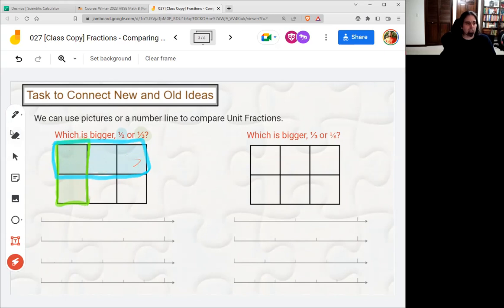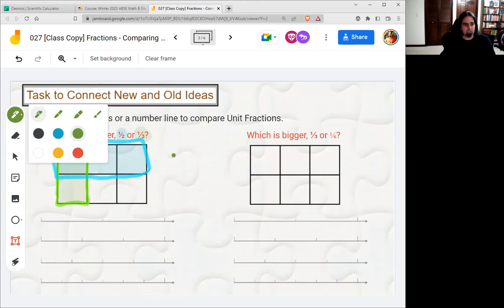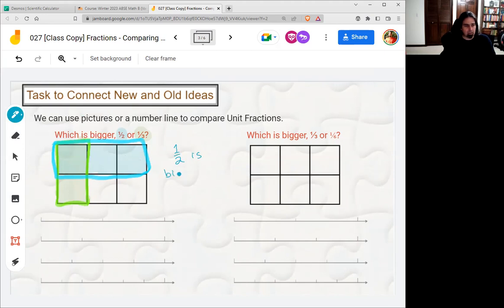I'm sorry, the blue shading is bigger because it has more pieces. I could identify that each of those 3 squares is a sixth, but I don't have to know that. I can just see it has 3 parts, instead of only 2 parts for the green.